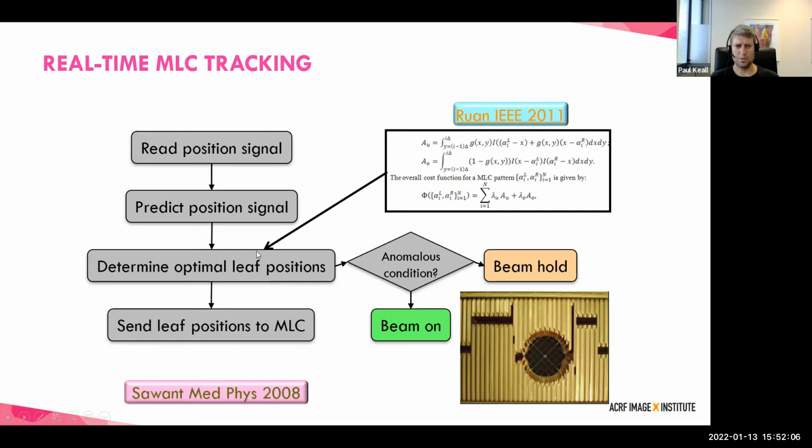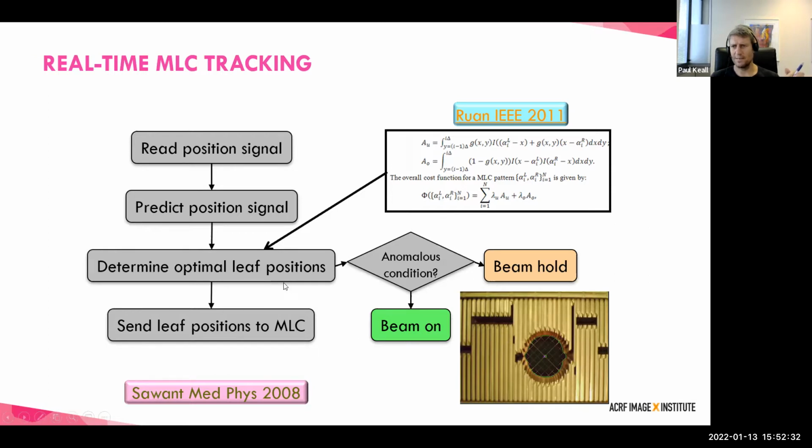We then want to determine the optimal position of the radiation beam, so we run an optimization process in real time. A mathematical formalism is continually being called and executed in order to optimize treatment.